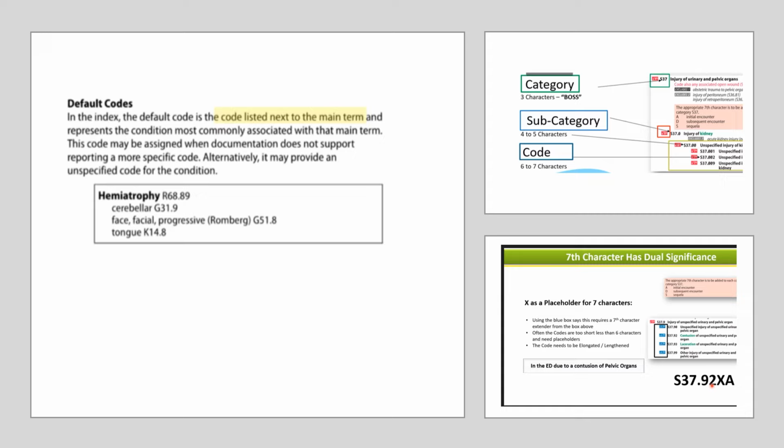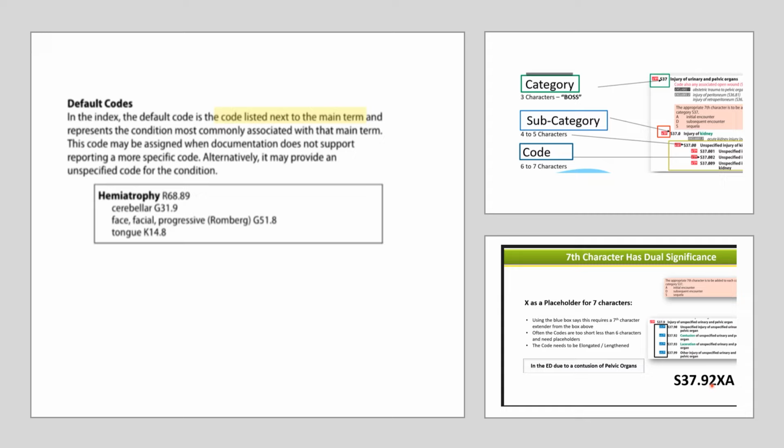And then over on the right, it's giving you an example of what you must pay attention to in the guidelines, like what are the category codes. Those are the 3 character codes. That's actually the first code that you will see.